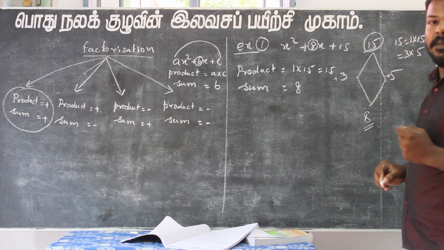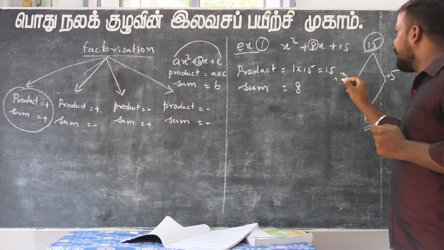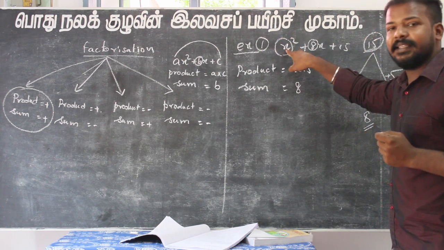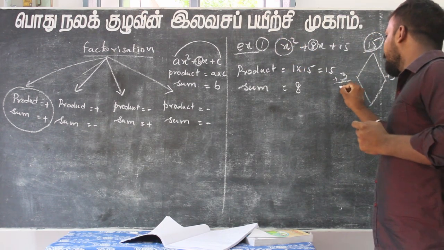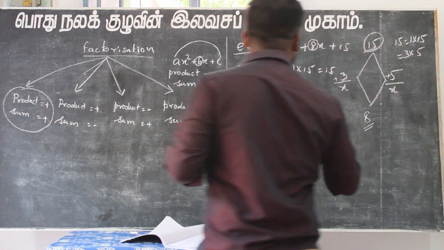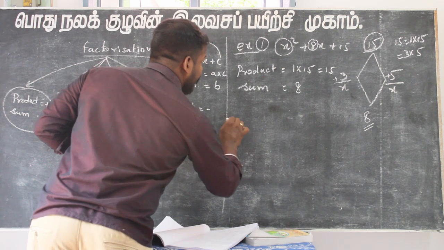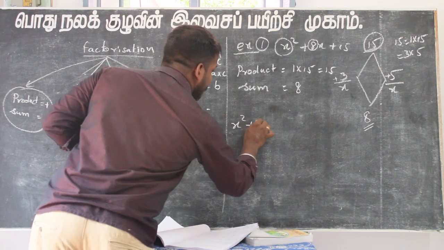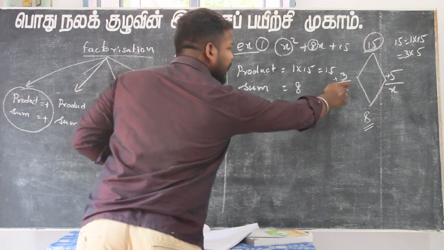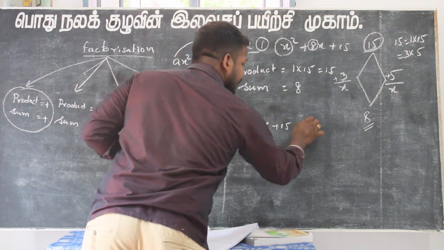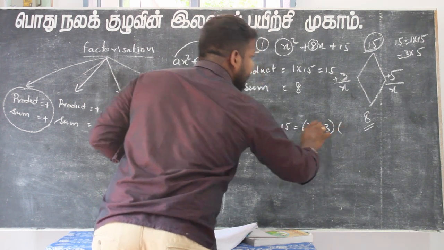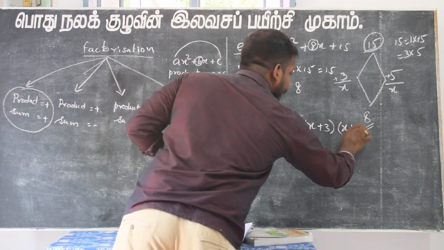Then we divide by the coefficient of x square. So the factorization of x square plus 8x plus 15 is equal to x plus 3 into x plus 5.